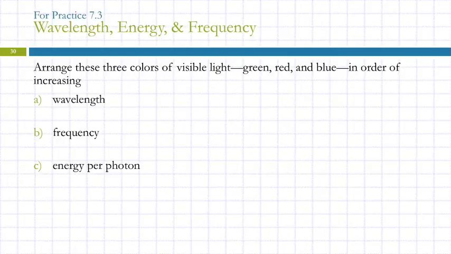So we got 3 colors: green, red, and blue. What order do those occur on the spectrum? Red, green, and blue, yeah. Roy G. Biv, right? So I'm thinking Roy G. Biv.